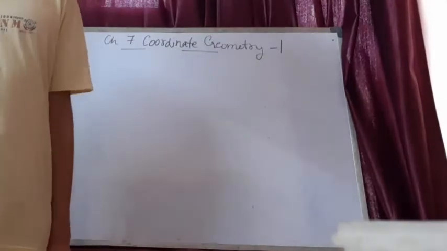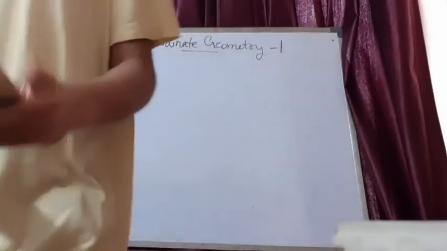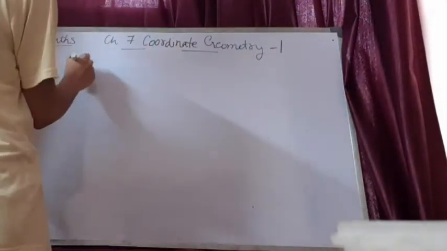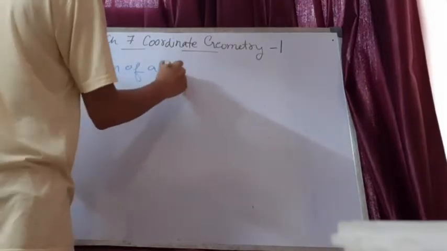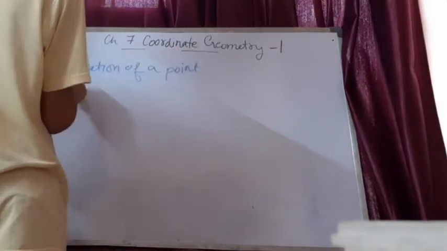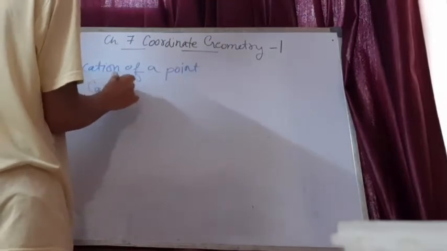In class 9th we talked about how to locate any point on the Cartesian plane. If you could recall, what did we discuss in class 9? We discussed the location of a point on the Cartesian plane.